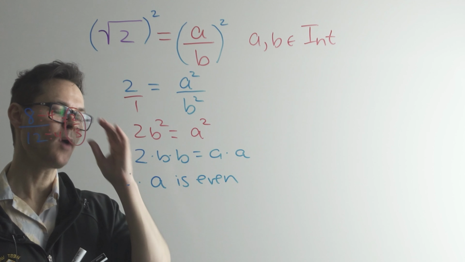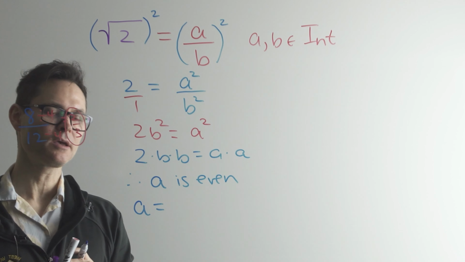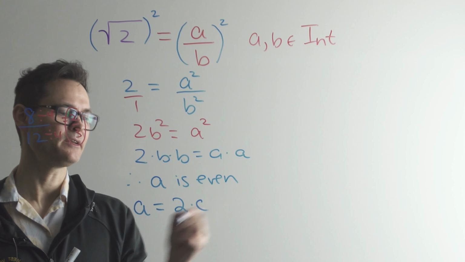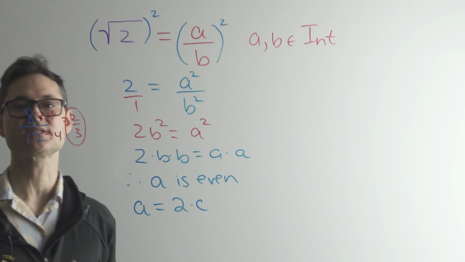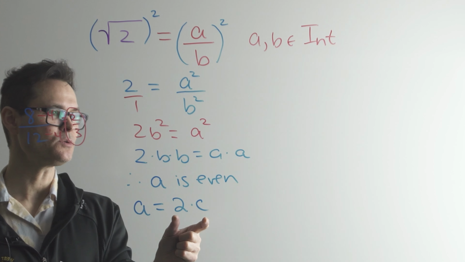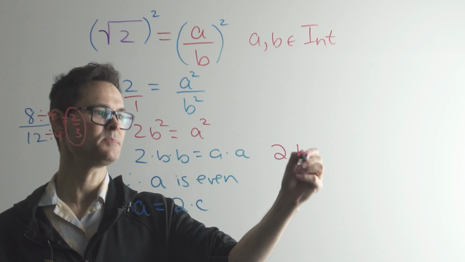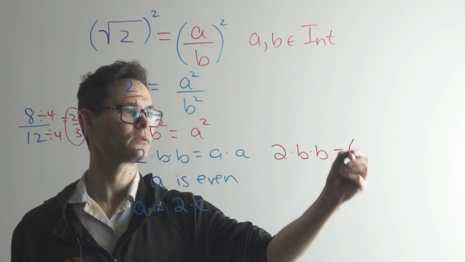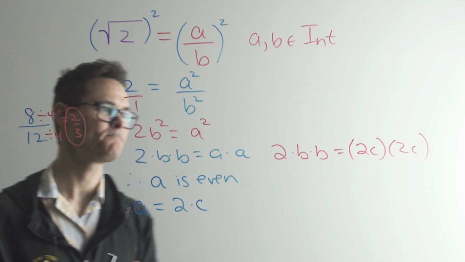All right, well, let's think about that further. If a is even, that means a can be written as 2 times some other number. I'm just going to call it c, a letter that isn't used. Okay, so if we're deducing that a is even, then a is equal to 2 times some other number. Well, if that's true, then I'm going to take the 2c and substitute it in where the a is. So that's going to tell me that 2 times b squared is equivalent to, well, a times a, which is 2c times 2c.